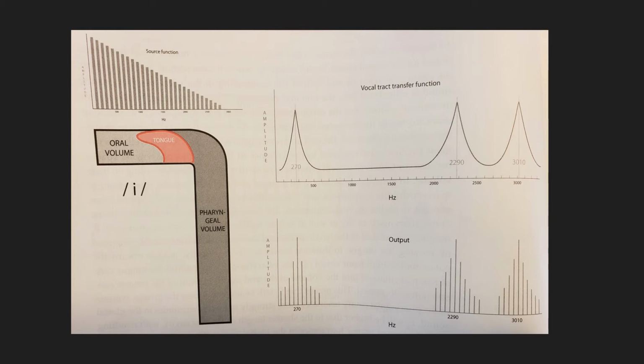And then lastly is the output function, and that's what the sound looks like when it comes out at the lips when it's been filtered through the entire vocal tract. And then the other picture on this is showing the tongue positioning in relation to the oral cavity and the pharyngeal cavity for E.